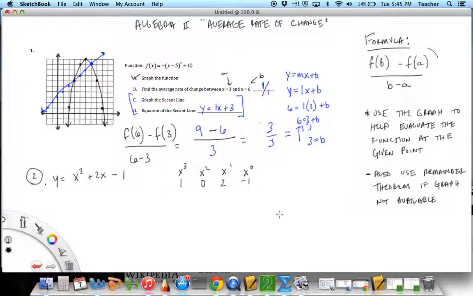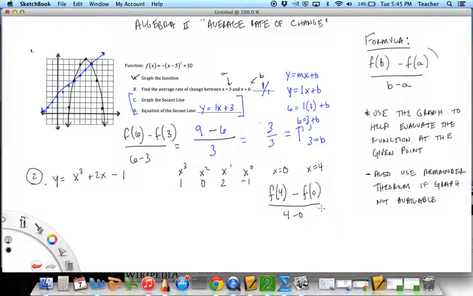And what I'm going to do is find the average rate of change from 0 to 4. So I want to find the average rate of change between 0 and 4. It's pretty easy to find f of 0. Let me put this in here. f of 4 minus f of 0, all over 4 minus 0.